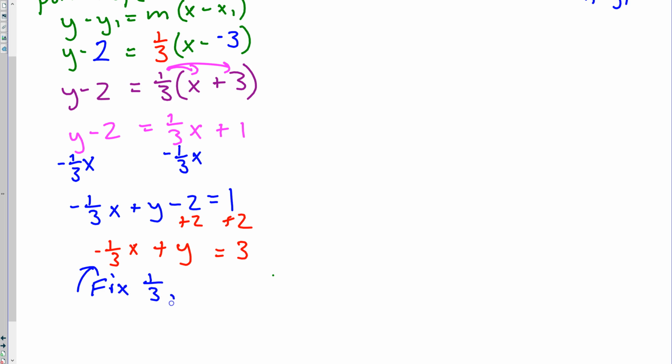So I'm going to fix the 1/3 by multiplying by our denominator, the 3. So multiply by 3. So I'm going to take my equation and we'll do 3 times that value.